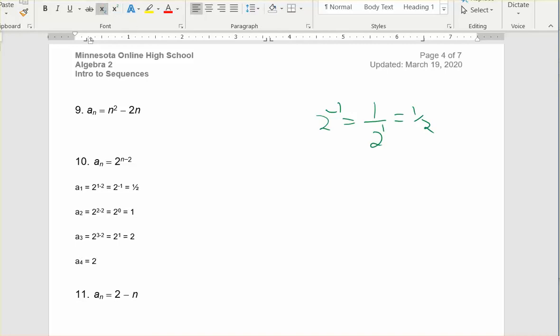So that would be equal to 2 to the 4 minus 2, and that's equal to 2 squared, or 2 to the second power, and you'd have one more to go. We'd have a sub 5 would be equal to 2 to the 5 minus 2. And then you would finish that problem out to see what your last term would be.